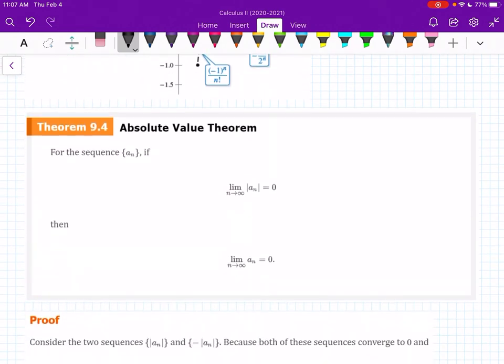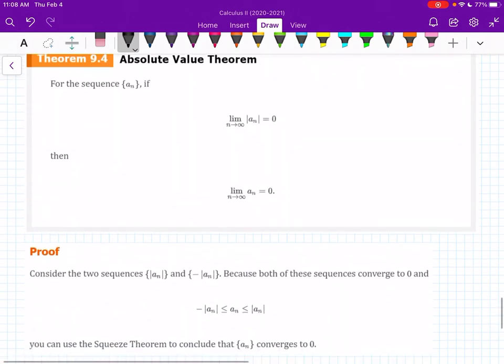Okay, the absolute value theorem says that for a sequence a sub n, if we know that the limit of the absolute values of the terms equals 0, then the limit of the terms themselves equals 0. And you can basically think about this as using the squeeze theorem.